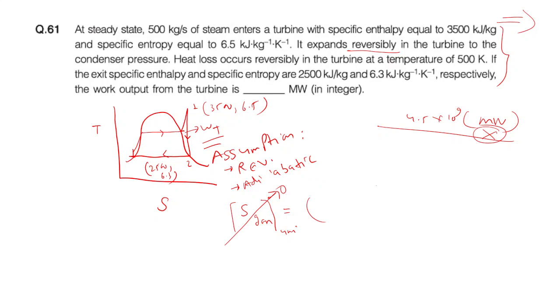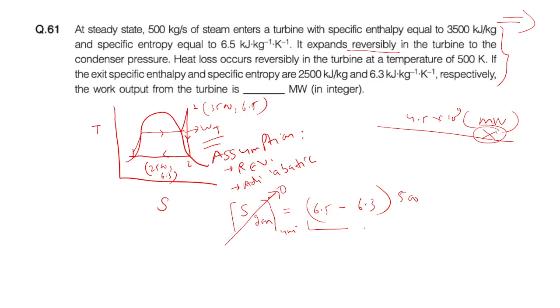For the system, let's suppose it has come from 1 to 2. The mass of the system is 500, because entropy is in kilojoule per kg Kelvin. Initially it is 6.5, and when it is coming out of the system, the entropy is 6.3.